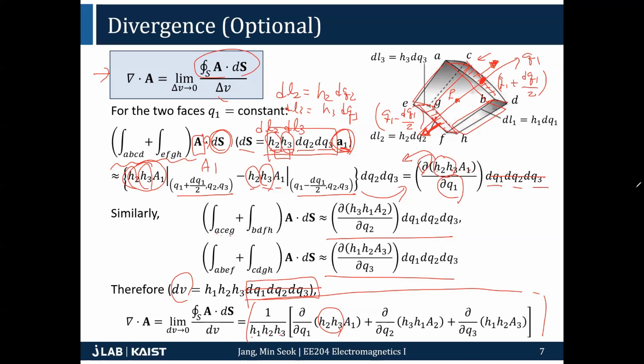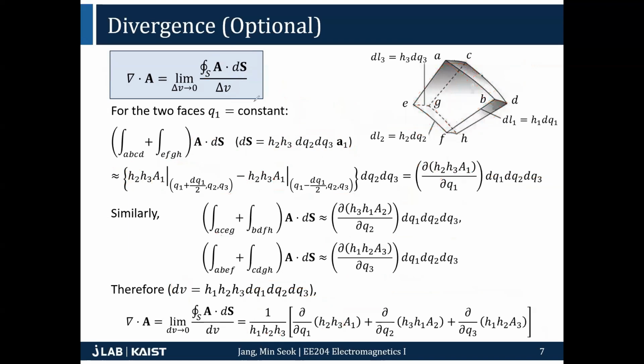Okay, Kang Yung asks why we have the A1 vector in dS. Let's say this surface is perpendicular to the Q1 coordinate, right? And we know the direction of a surface is always from inside to outside.